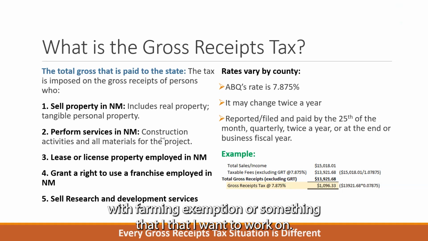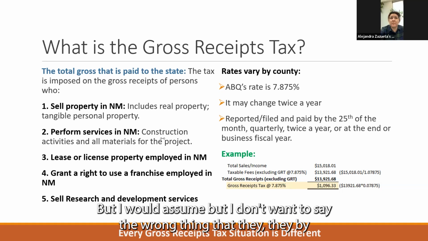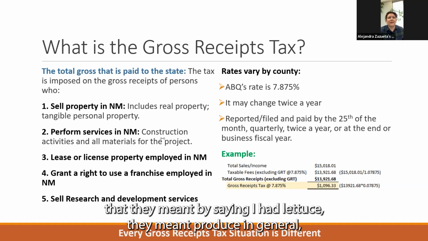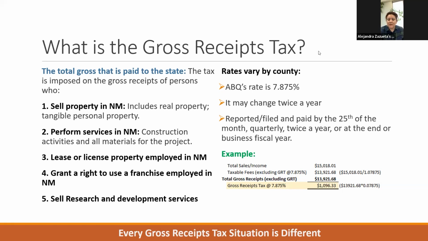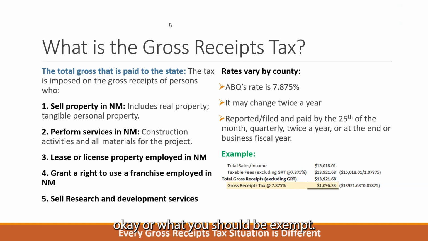That's something that I want to work on, but I would assume, though I don't want to say the wrong thing, that by saying a head of lettuce, they meant produce in general. Which is why an unroasted sack of green chili is also exempt, because it's produce. So I want to say yes, but I'm not sure. Or it should be exempt.